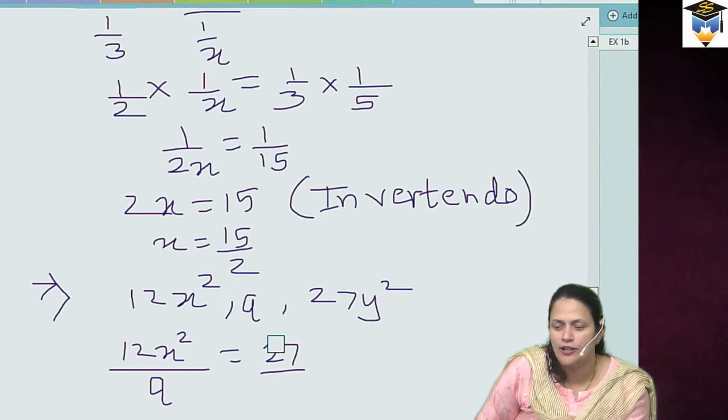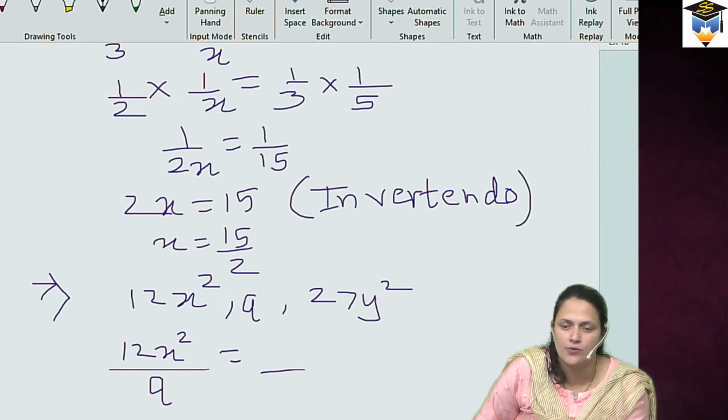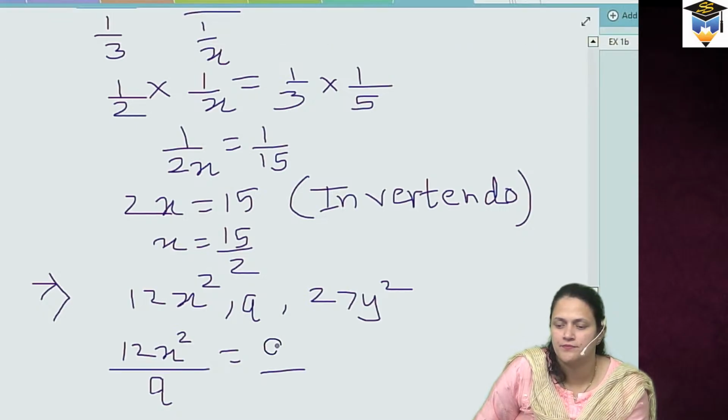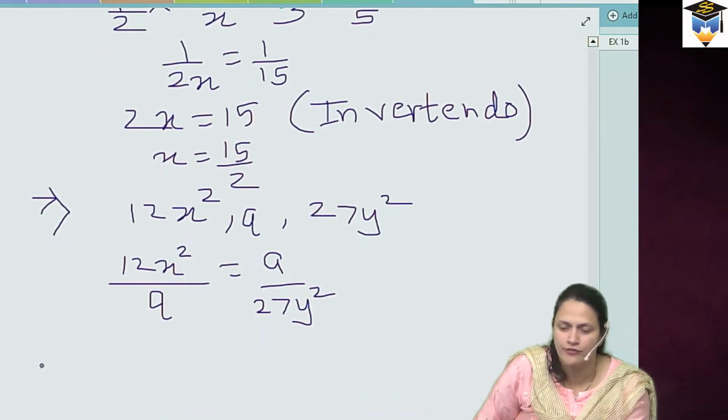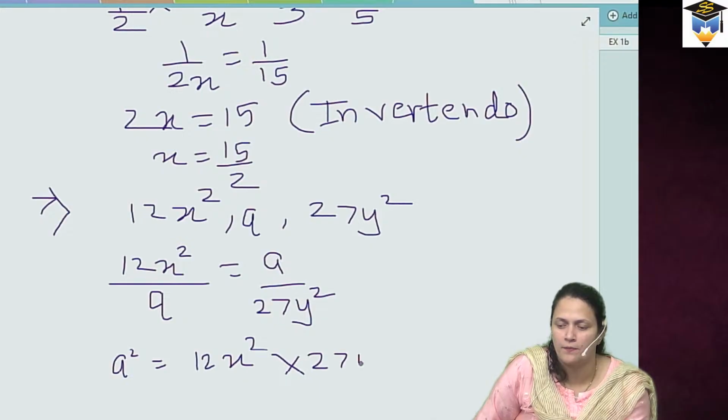This is going to be a upon 27y square. So here the product of the means is equal to the product of the extremes. So we are going to write a square is equal to 12x square into 27y square. So the value of a is going to be the square root of this.